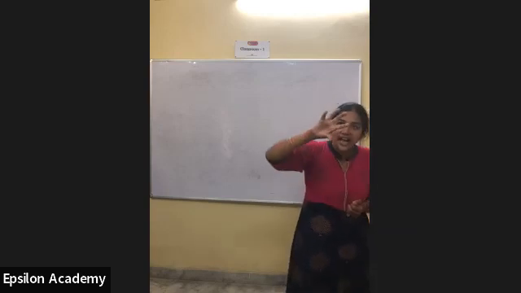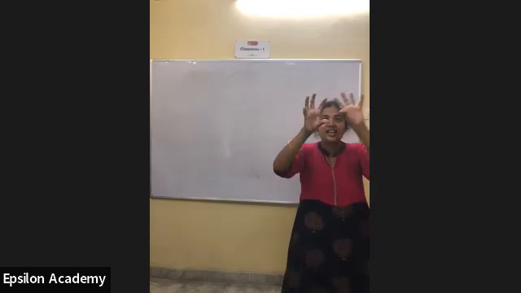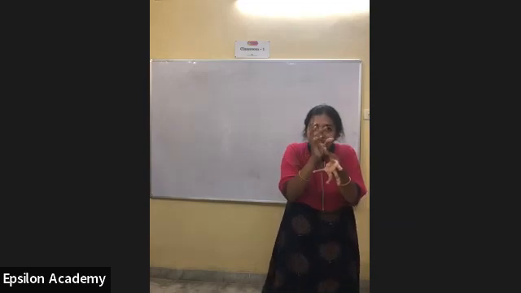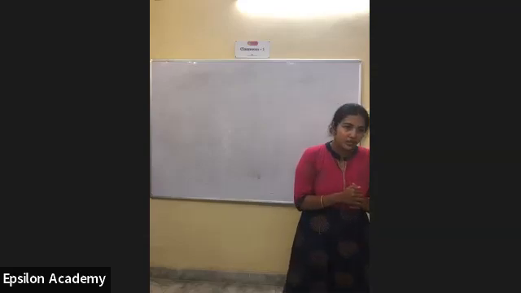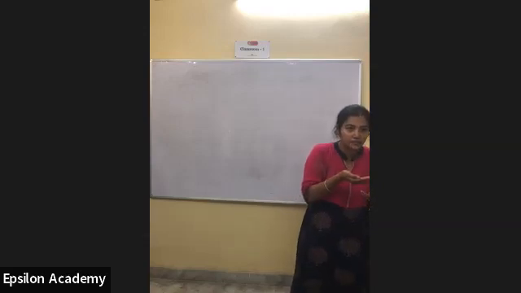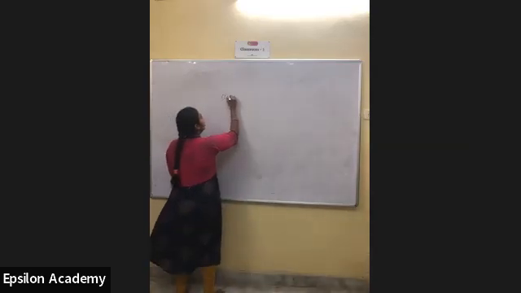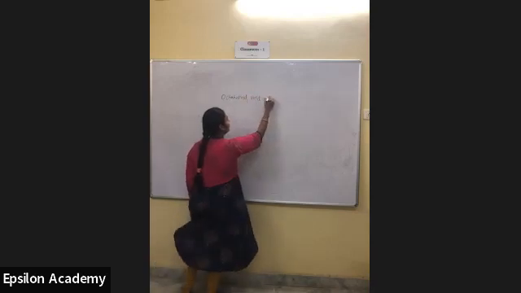If the atom is spherical, another small spherical atom comes and sits inside the void, whether it is a tetrahedral void or an octahedral void. So first is the relation for the octahedral void.